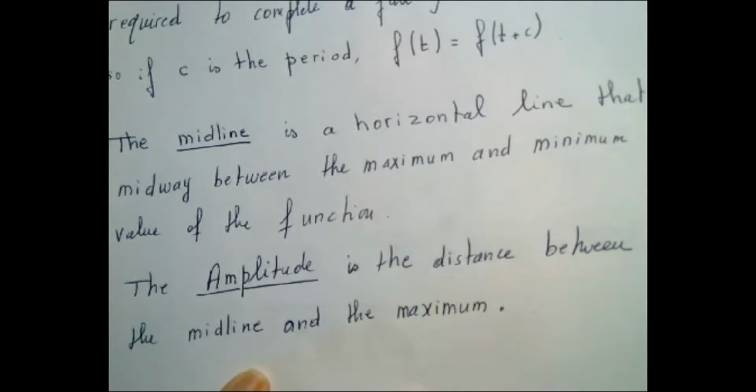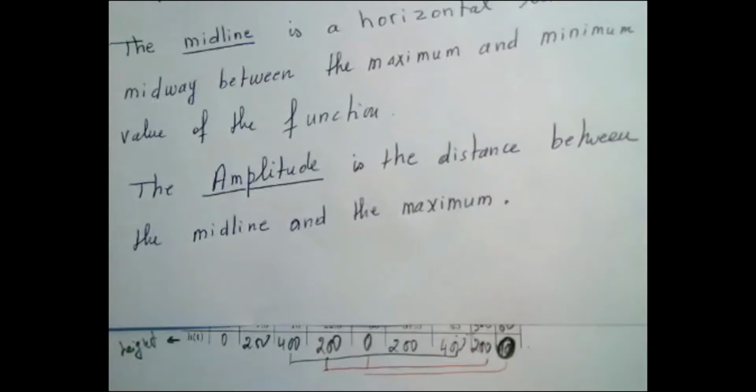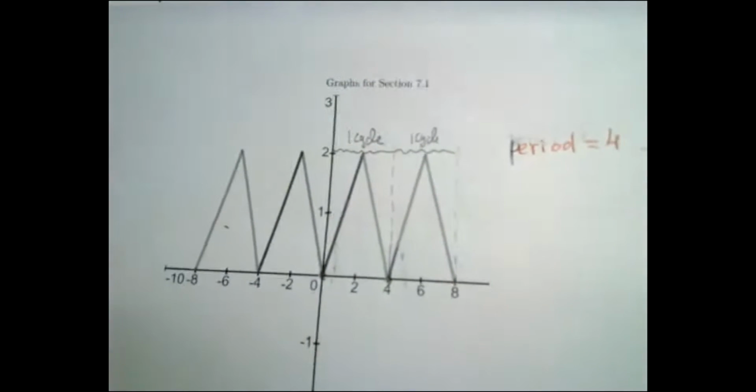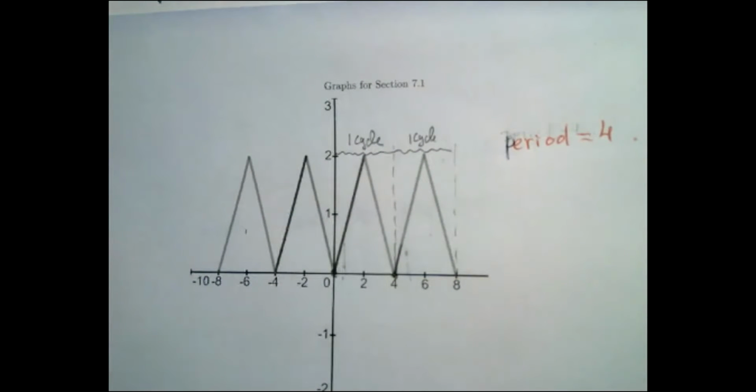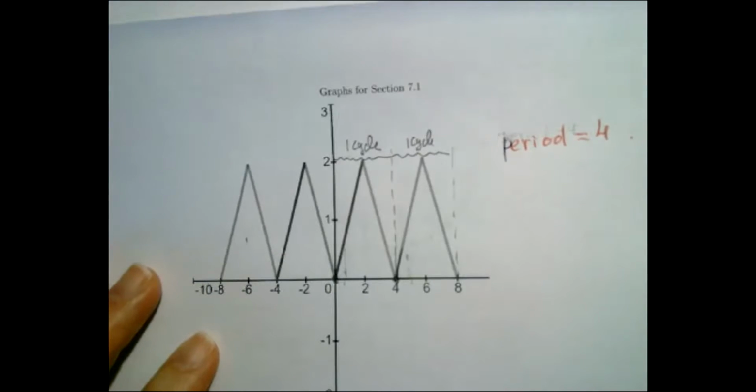Okay? Now we're going to try to understand every word I wrote here. What's the midline and what is the amplitude? I'll go back to my graph, and for each one of them, I will find the midline and the amplitude. I do the first, and you guys will help me with the rest. The first one is simple.